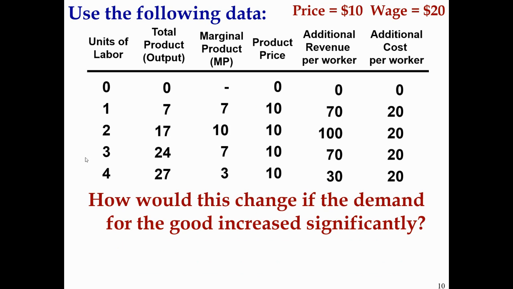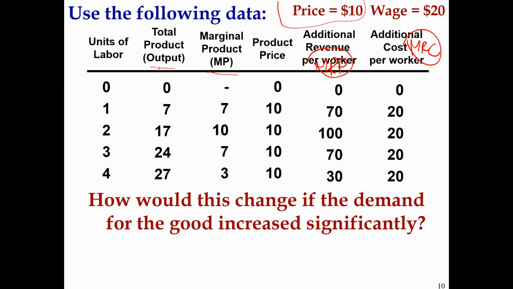Now I have a question here. This was our data from last class: the units of labor, the total product, the marginal product, the product price of 10, the additional revenue per worker, which was our marginal revenue product, and this was our marginal resource cost.